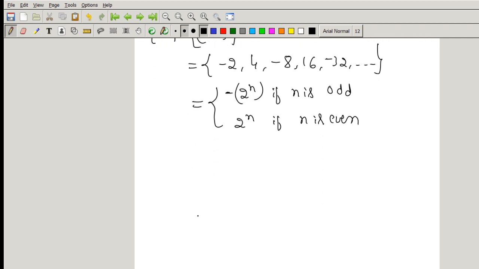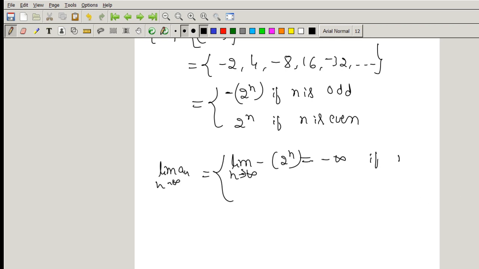The limit of a_n as n tends to infinity is the limit of minus 2 power n, which is minus infinity if n is odd. And the limit of 2 power n as n tends to infinity is infinity if n is even.